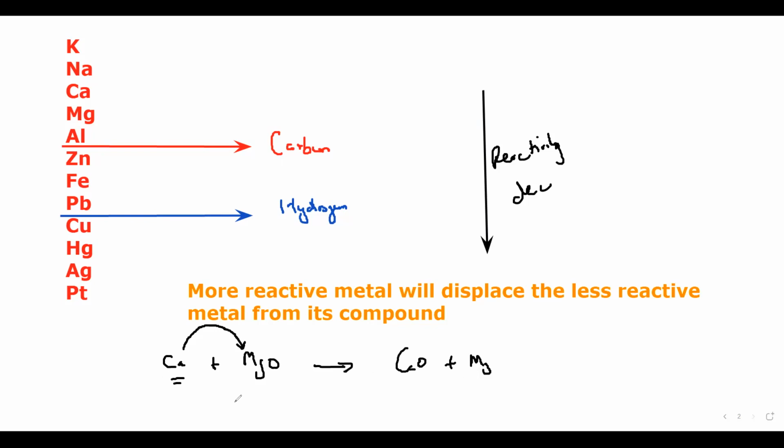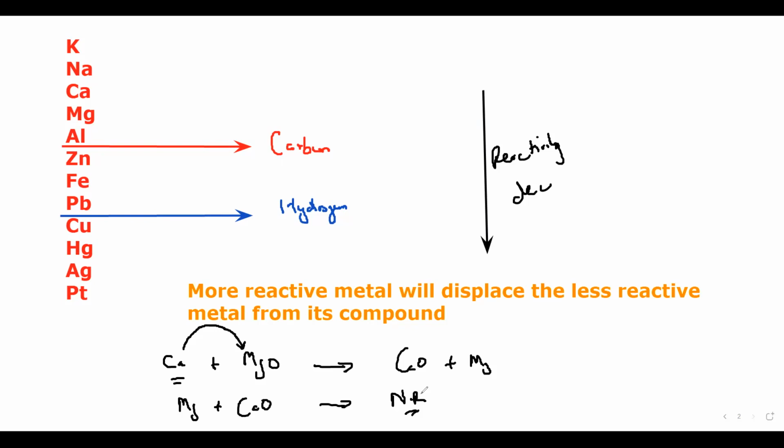But if we try it the other way around, for example, if we have calcium oxide and we put magnesium, because magnesium, as you can see, is below calcium, magnesium is not able to displace calcium from its compound. That's why there will be no reaction. So whether a reaction occurs depends on the position of the element in the reactivity series.